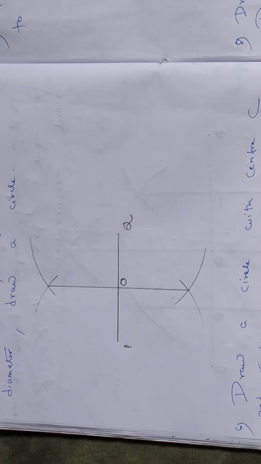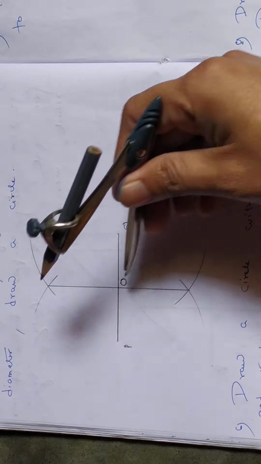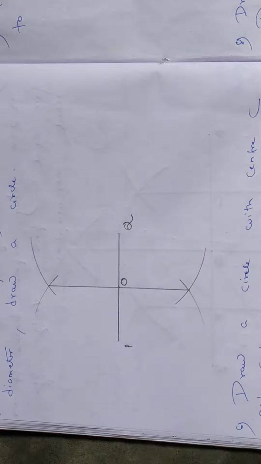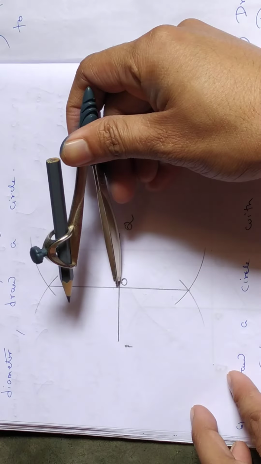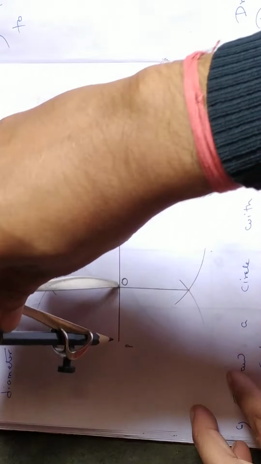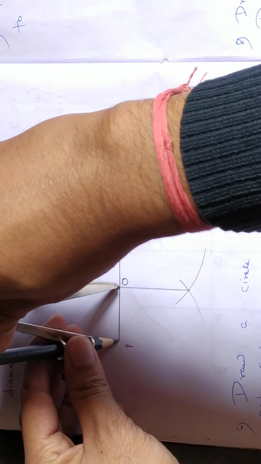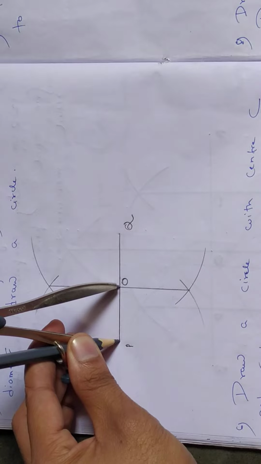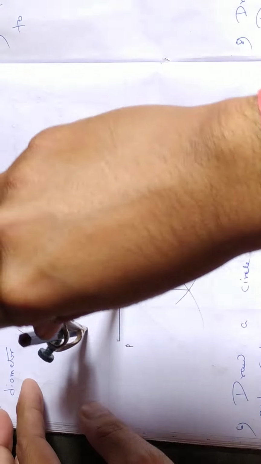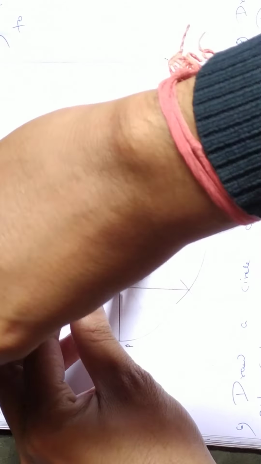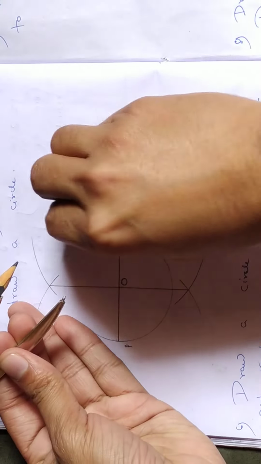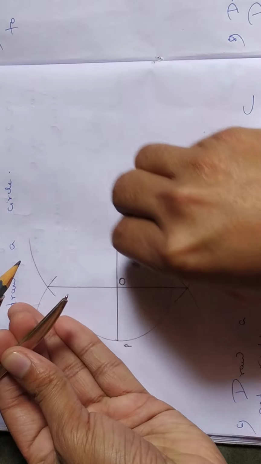Now, how to draw a circle? Now with center O and this OP, suppose any one you can take, either you can take OP or OQ. Okay, with O as center and OP as radius, as you can see, now you draw one circle. Okay, just one minute. Here I have to draw it once more.